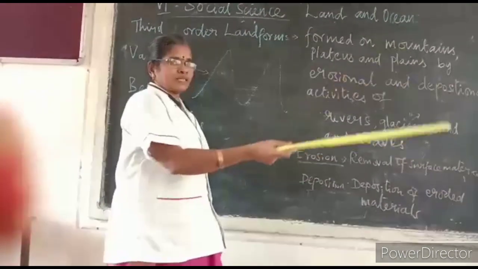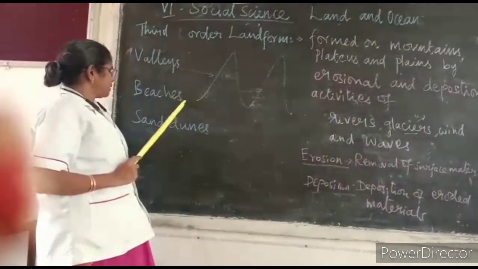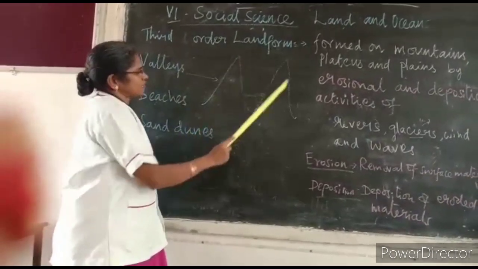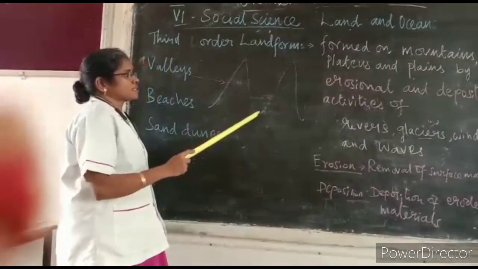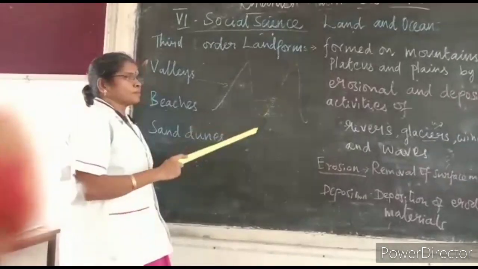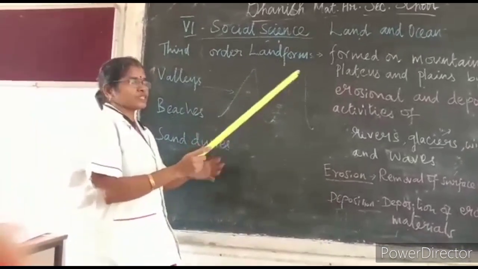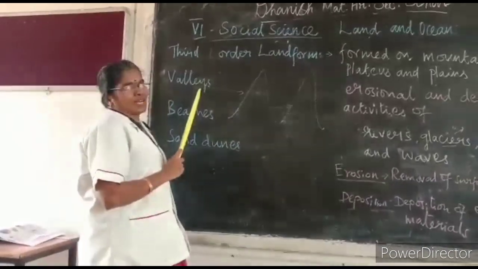This you will study in higher classes. Then coming to valleys and beaches. Valleys are formed because of the passage of rivers through the mountain range. When the river is always passing through the mountains, erosion takes place, and the structure of the mountain varies, and that we call valleys.